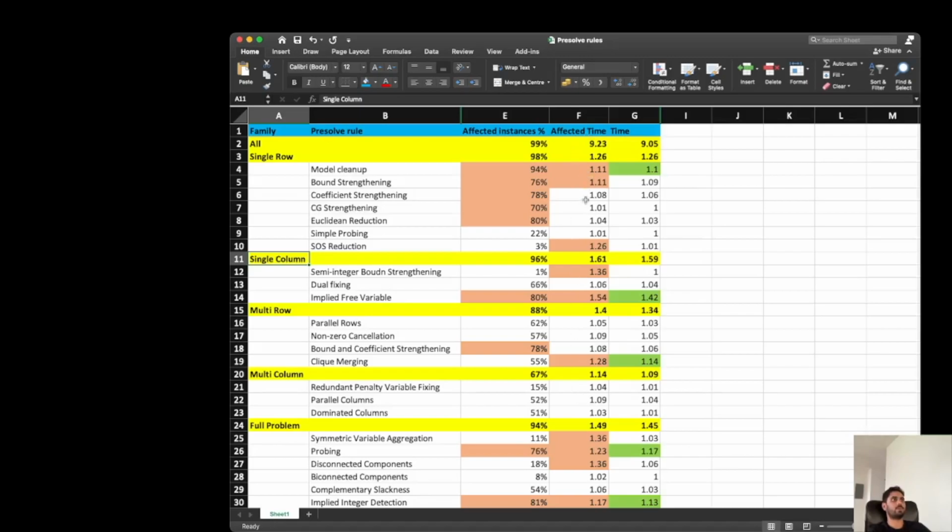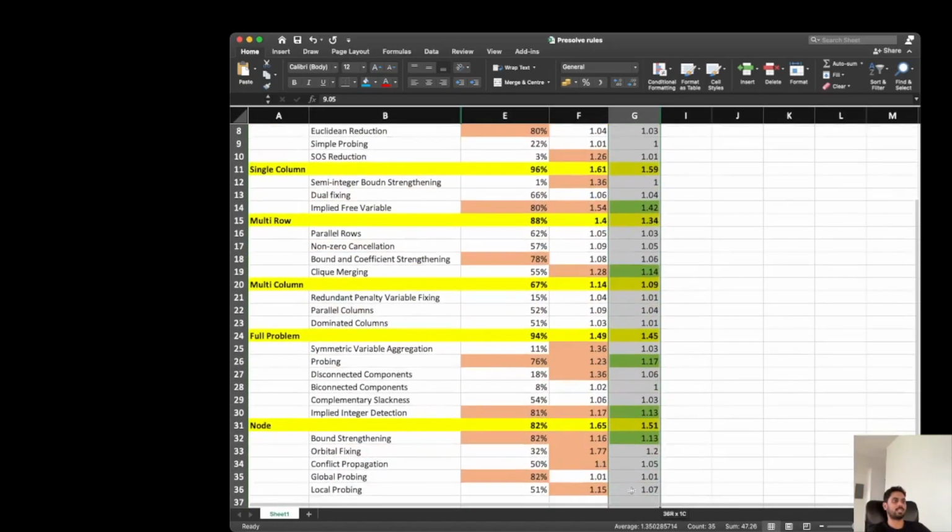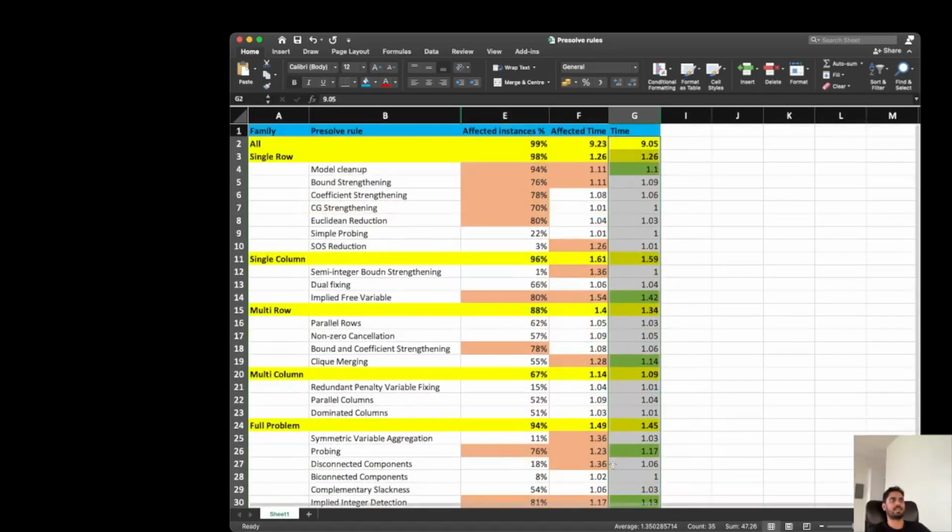So 1.11 means 11% gain in time. That's basically saying that if we turn it off, then it will take 11% more time to solve those instances. And this is the overall gain in time for all the instances, regardless of whether they are affected by it or not, the entire benchmark set.